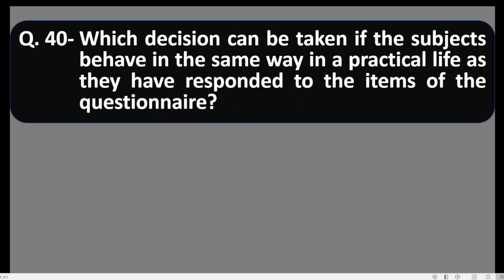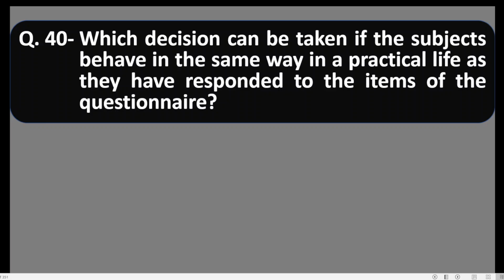Question number 40. This is the last of this video, and question number 20 for today. Which decision can be taken if the subjects behave in the same way in practical life as they have responded to the items of the questionnaire? Which decision is taken if the responses given by the subject in the questionnaire and their behavior in real life are compared?